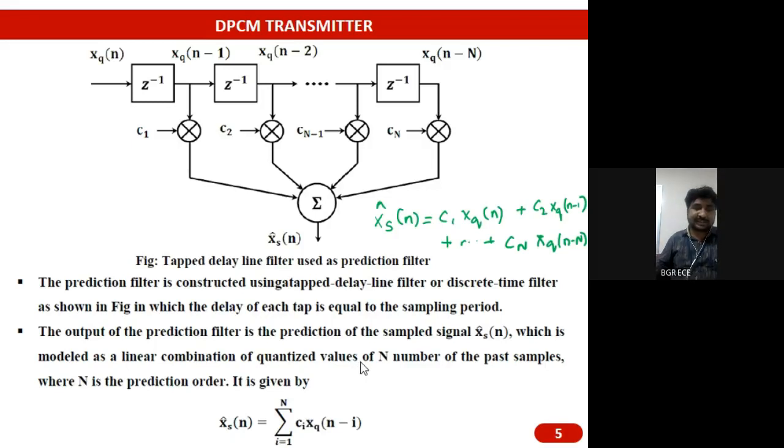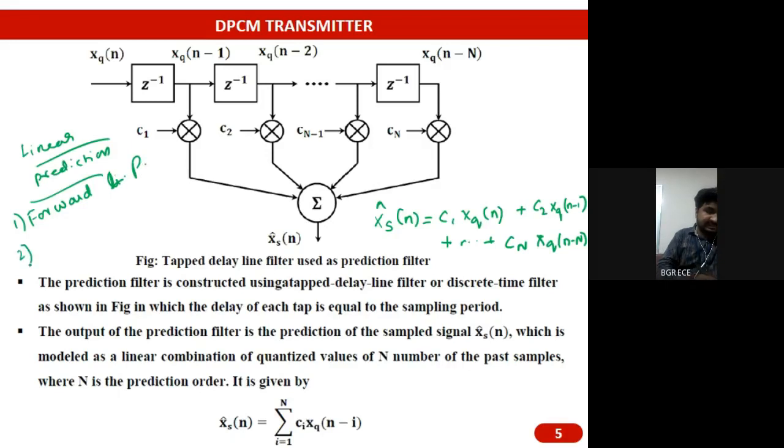There are two different types of prediction methodologies. Linear prediction consists of two different methodologies. One is forward linear prediction, and the second one is backward linear prediction.